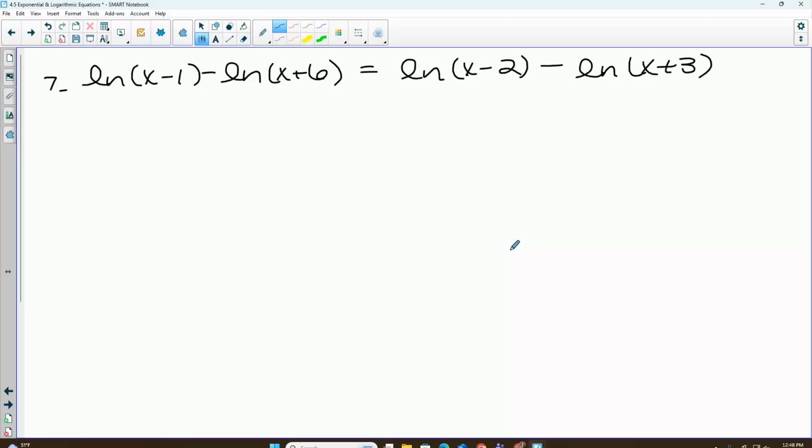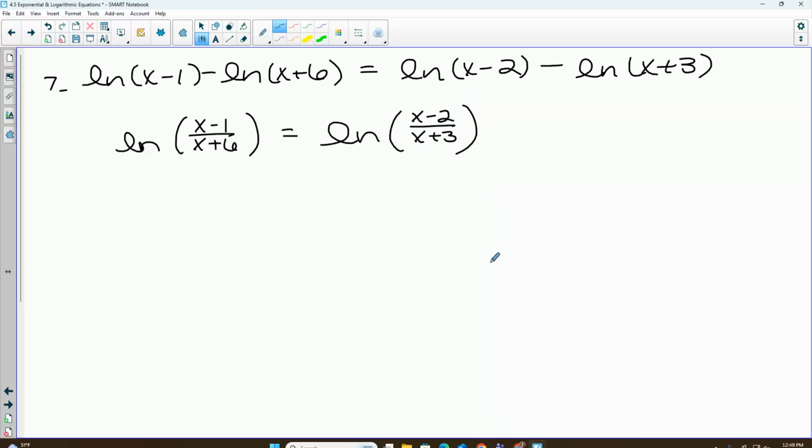All right, what's the first step? Condense. If logs are being subtracted, how do you put them together? Okay.